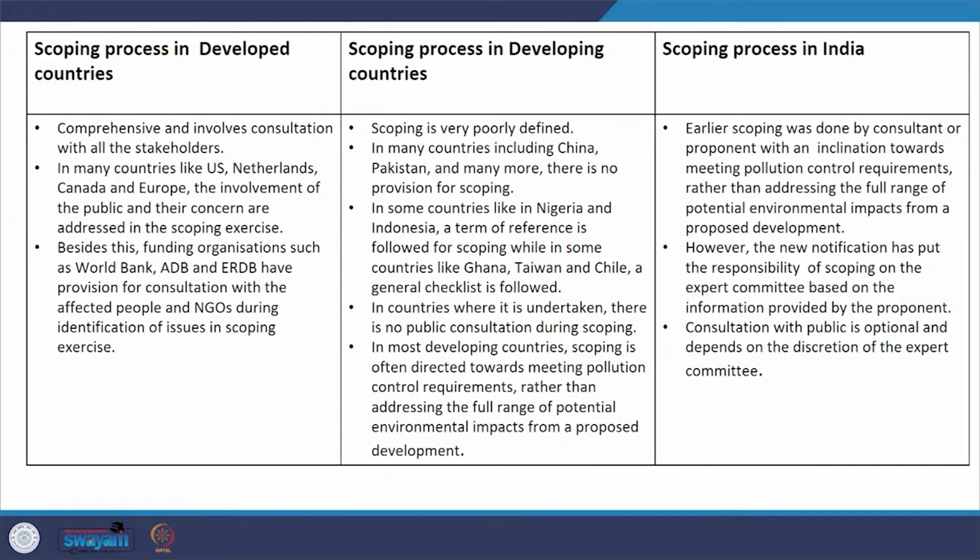So at the very beginning, like we said, public participation is addressed; the public is involved at the very beginning. So here you see that at the scoping level also, public consultation takes place. We also see that funding organizations such as the World Bank, ADB, and EBRD have provisions for consultation with the affected people and NGOs during the identification of issues in the scoping exercise.